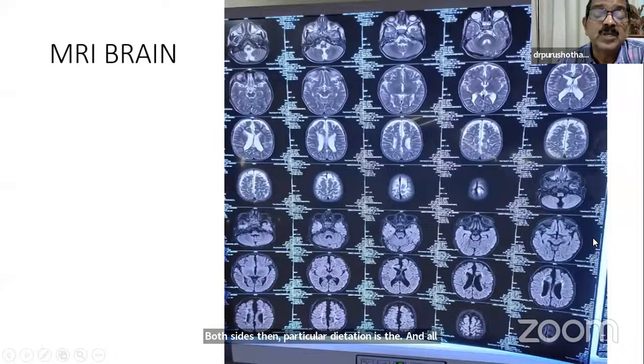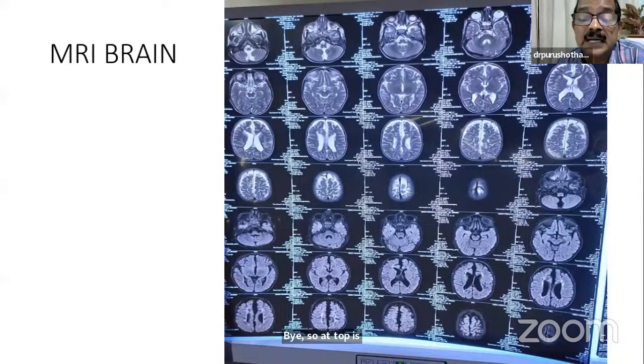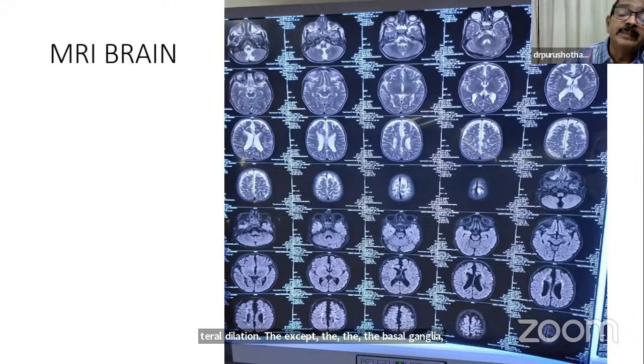Bilateral atrophy is responsible for the dilatation, and there is periventricular brightness bilaterally. The basal ganglia and thalamus are normal, the cerebellum is normal, and the brainstem is normal. Go to the next slide.